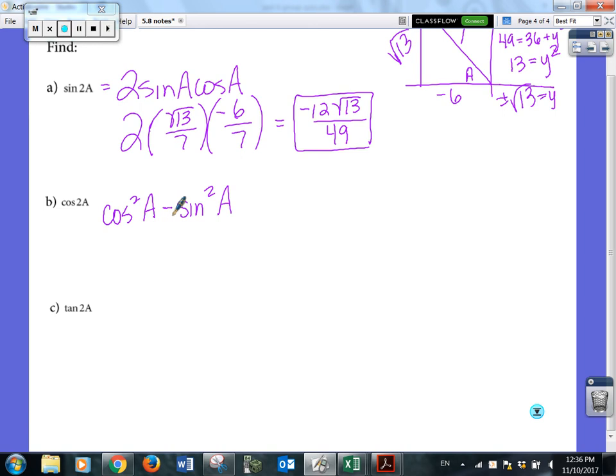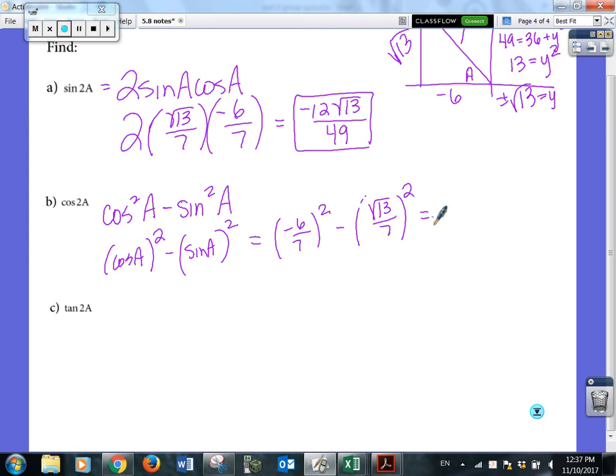Now remember, what this means is cosine A squared minus sine A quantity squared. We are not squaring the angle, we're squaring the whole value. We're squaring the value of cosine A and the value of sine A. We aren't doing anything to just the A value. So what that becomes is negative 6 over 7 squared minus root 13 over 7 squared.